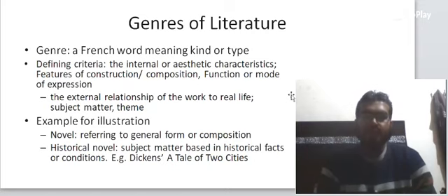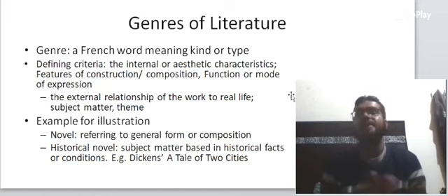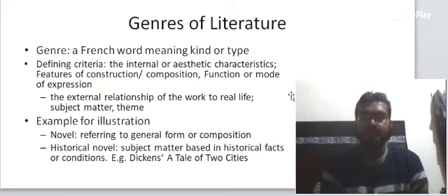So further in novel we have historical novel. So when we say historical novel, it means that the novel is based on historical facts or conditions. That is why we associate it with history. For instance, Charles Dickens' novel A Tale of Two Cities is a historical novel because it uses the French Revolution as the backdrop of the story.